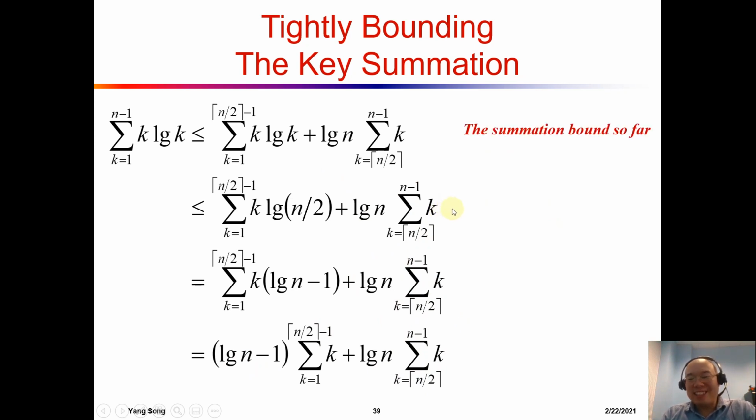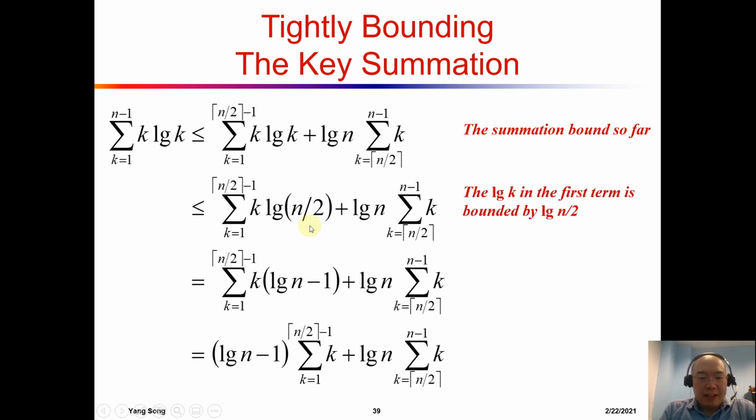Okay, so this is the summation we want to solve, and how do we do that? How about we work on the left side for now? Instead of this log k, and remember we are doing this summation from k equals 1 all the way up to half n, how about I use half n, log half n?